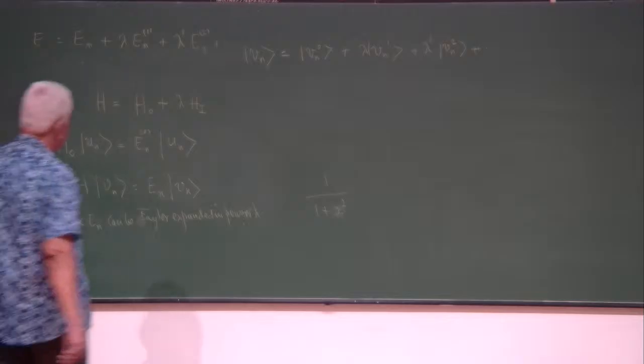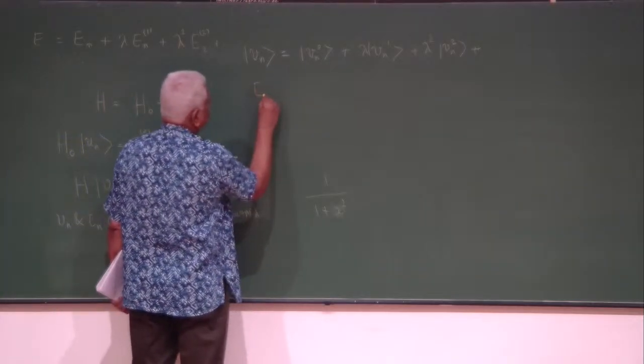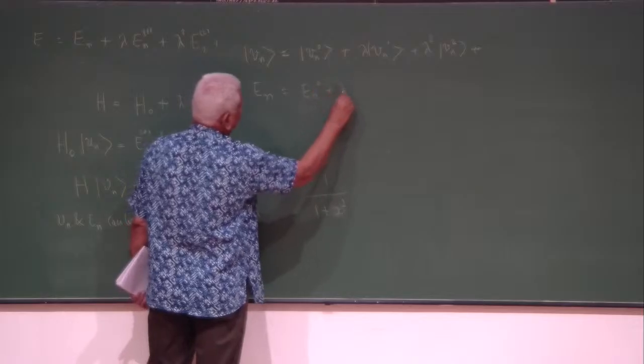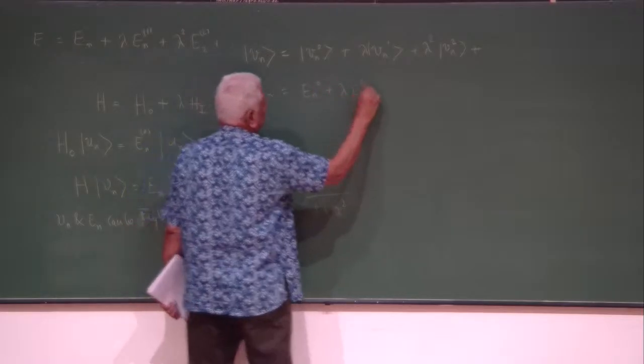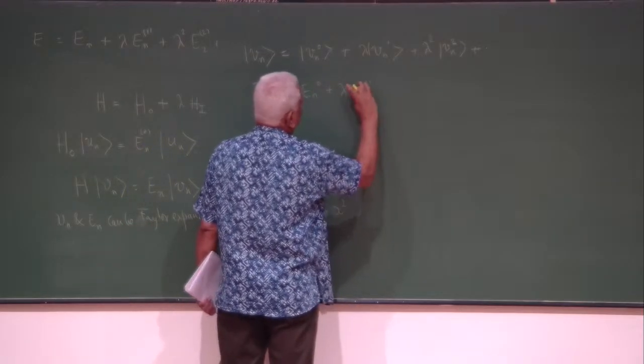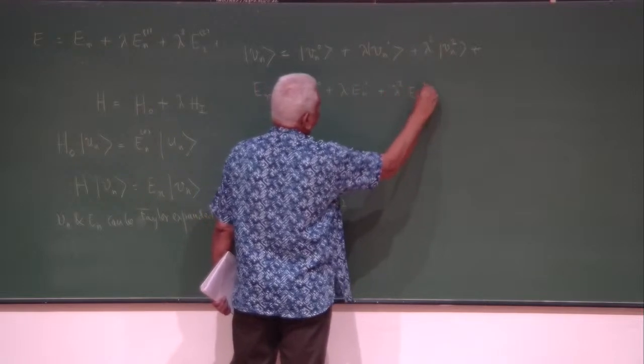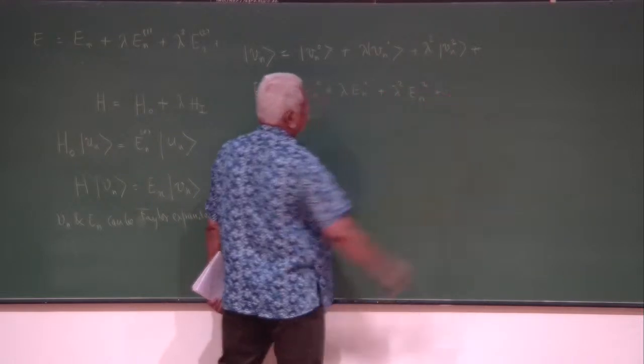Similarly, I am going to write down En is equal to En0 plus lambda times En1 plus lambda square times En2, dot dot dot.